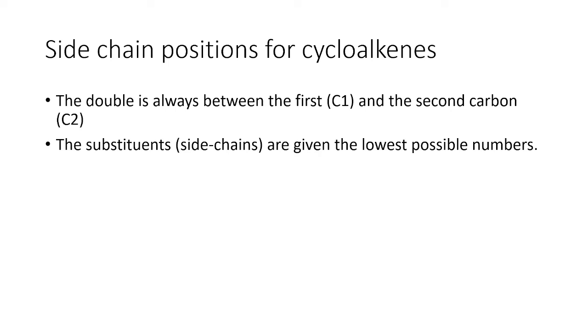So, for cycloalkenes, we will be giving the lowest possible position for the double bond. So, meaning to say, the double bond is always between the first carbon, C1, and the second carbon. So, the substituents or the side chains are given the lowest possible number.